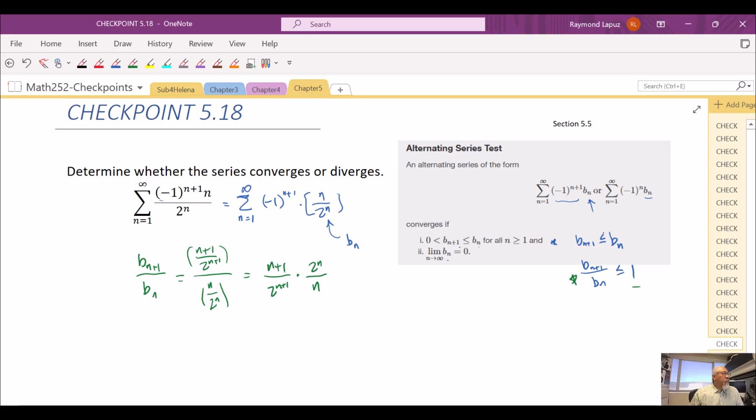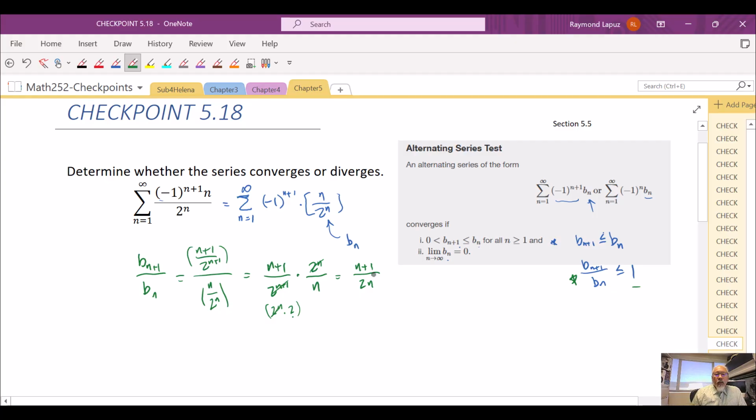Now at this point, we want to see how this simplifies. I have 2^n times 2 in the denominator for the first term, so I can think about canceling one of those, and then I'll have a 2 in the denominator, and then I will have (n+1) divided by 2n.